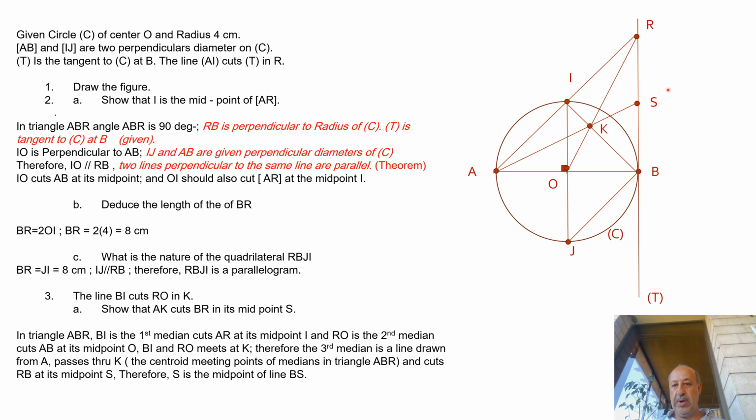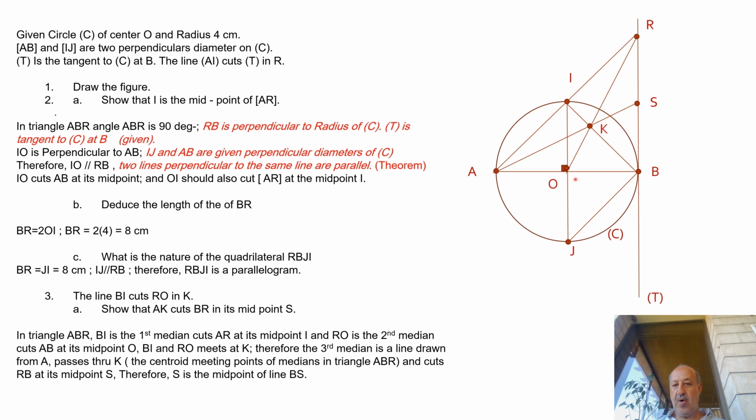So what do we need to prove? That S is the midpoint of BR. Good. If we consider again triangle ABR, we find that BI is a median in this triangle. Why is it a median? Because it cuts AR at its midpoint. We just proved I is the midpoint of AR.